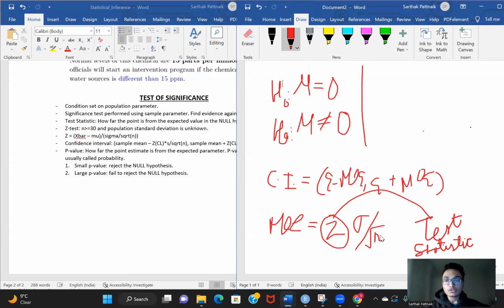But what also needs to be mentioned is, what does test statistic actually tell us? Fundamentally, the test statistic tells us how far the point lies beyond the population parameter taken in the null hypothesis. Let me reiterate, because it might be a little confusing at first.